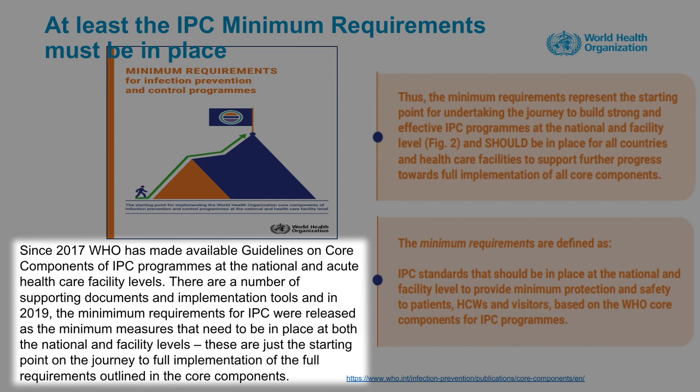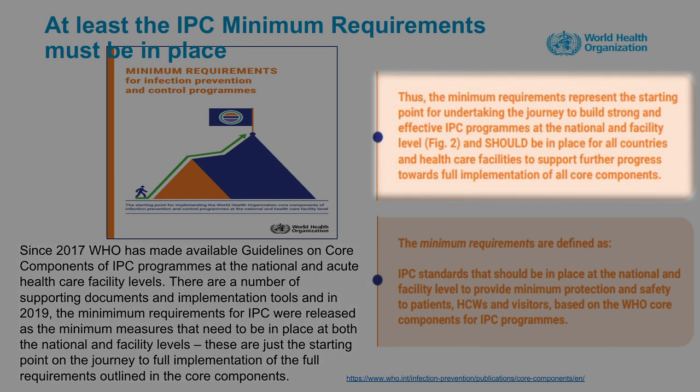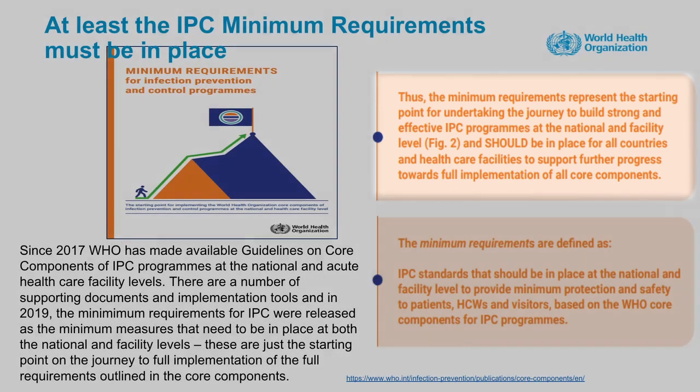These are just the starting point on the journey to full implementation of the full requirements outlined in the core components. Thus, the minimum requirements represent the starting point for undertaking the journey to build strong and effective IPC programs. They should be in place for all countries and all healthcare facilities to support further progress towards full implementation of the core components.